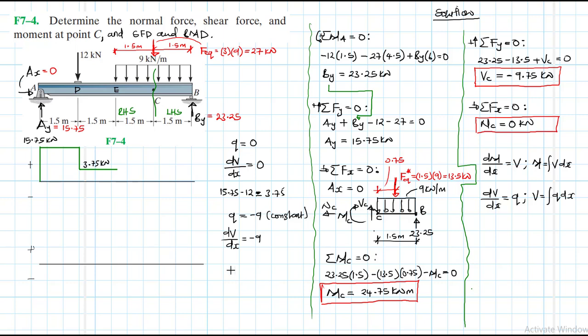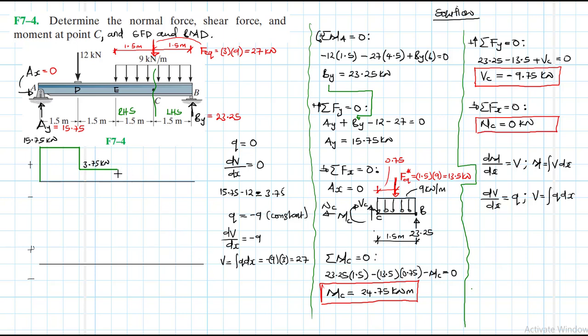We know that the shear is equal to the area under the loading diagram, the integral of Q dx, which is just minus 9 by the length, which is 3, and this gives us 27.